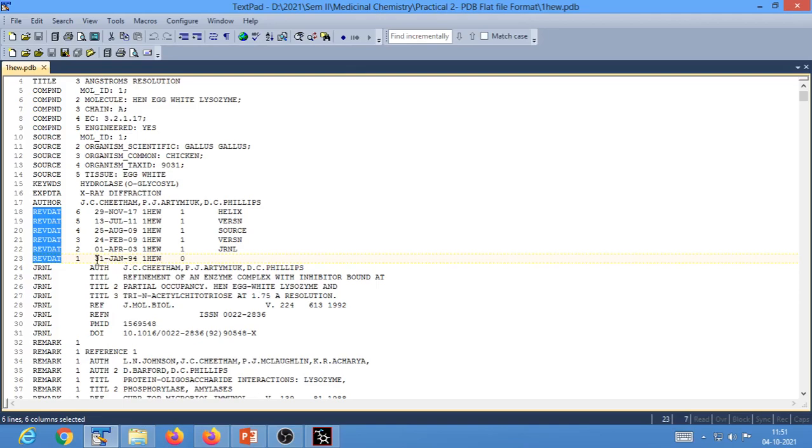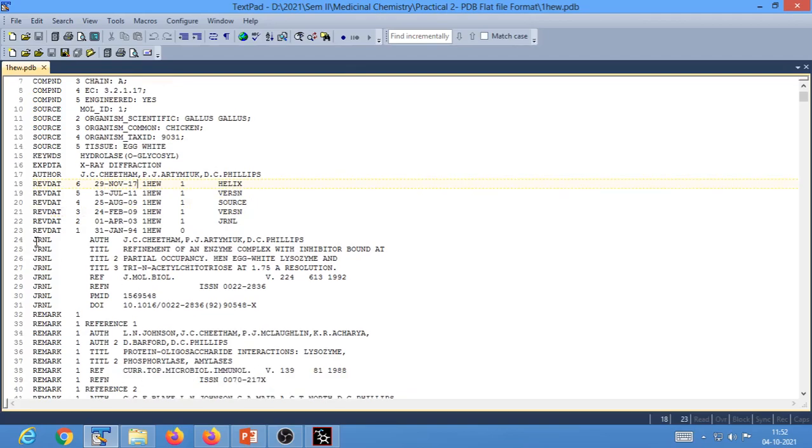The very first time it was deposited on 31st January 94, then it was revised on 1st April 2003, then on 24th February 2009, and the latest it was revised in 2017 on 29th of November. And what portion of this PDB file was revised is shown over here.